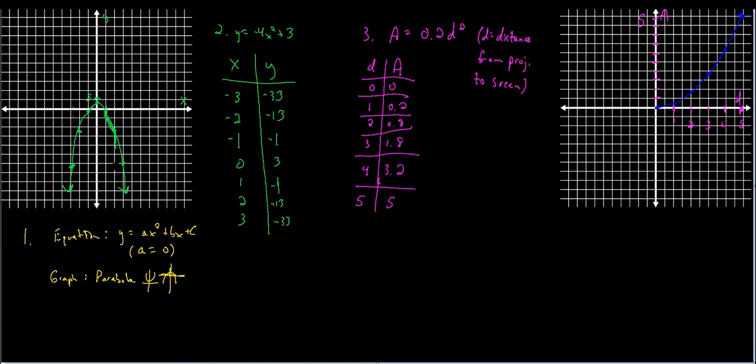And then we are asked to estimate the distance from the projector to a screen if the area of the movie is 8 square feet. So if we're looking at 8 square feet, we can actually solve for that. If the area is 8, we know that the distance is going to be greater than 5.